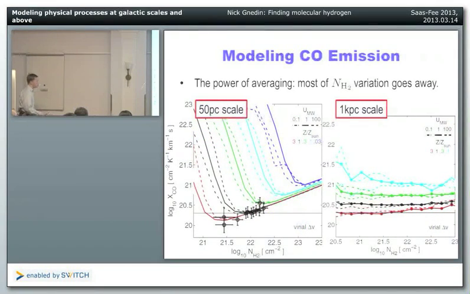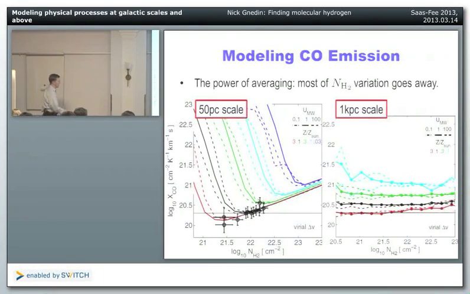So using this model, you can maybe understand what happens. There is indeed this power of averaging. This X factor depends on column density of H2, metallicity, and radiation field. You see it varies enormously, this is actually log, by several orders of magnitude, as a function of column density, different metallicities, and different radiation fields.